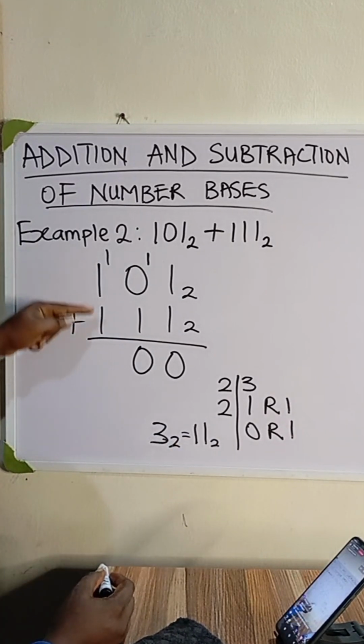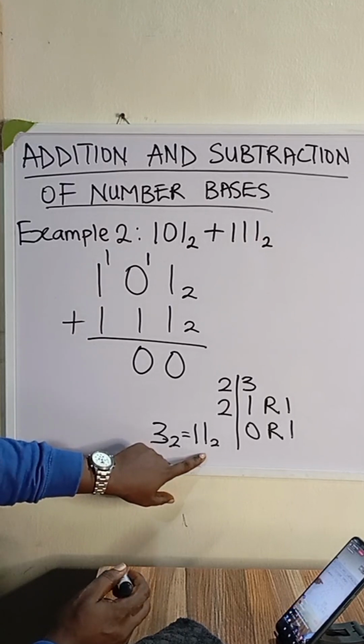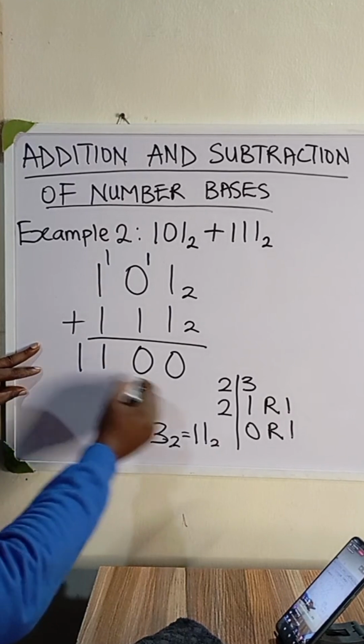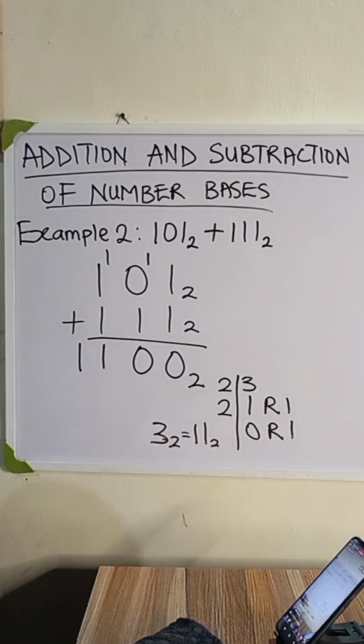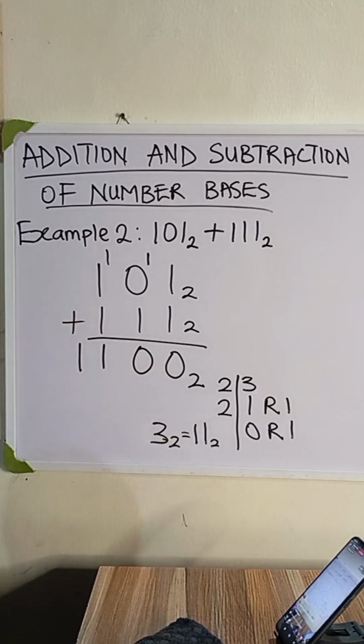So 1 plus 1 plus 1, we have 3 base 2, but what we are going to write is 11 base 2. So we have 11 here, base 2. So that gives us the answer to this simple question. So our answer is 1100 base 2.